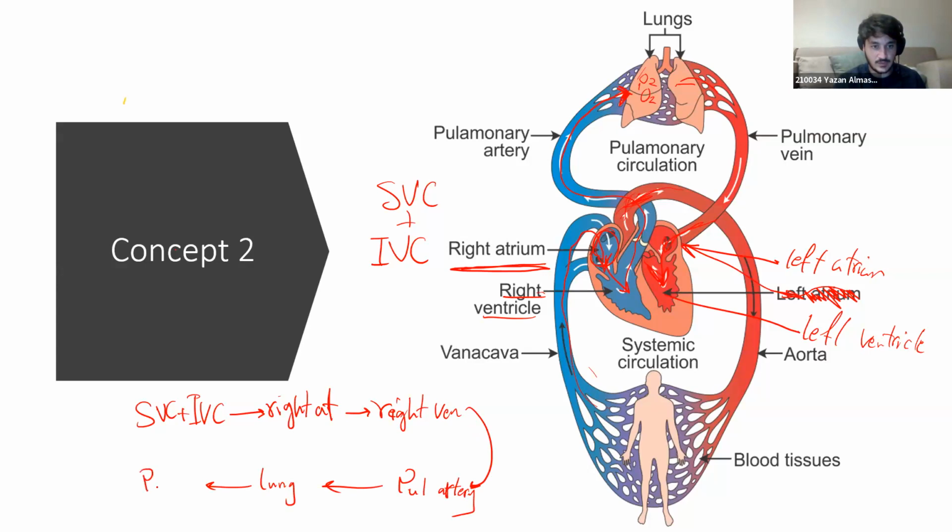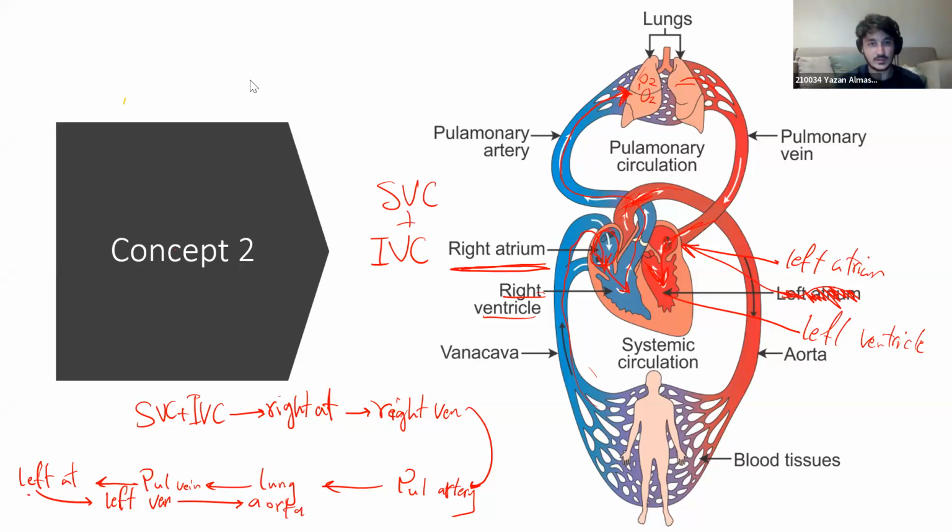And then pulmonary vein. Then left atrium, sorry, left ventricle. And then lastly, aorta to the body. Is that clear? Is the process clear? Hopefully it is for everyone.